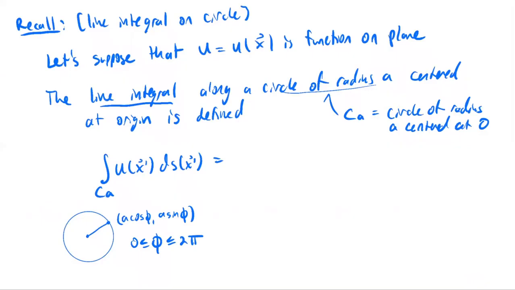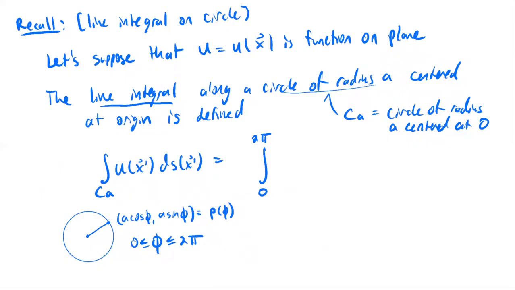And so given this parametrization, I can evaluate my line integral as an integral in terms of phi from 0 to 2 pi. Let me call this p of phi, my p for parametrization.